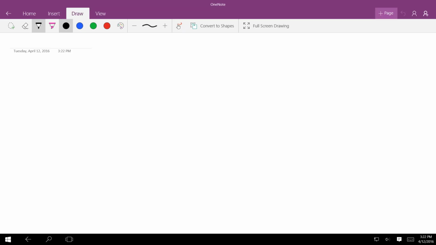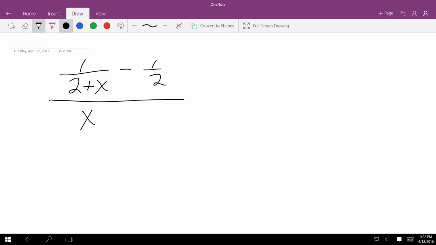So the limit of 1 over 2 plus x, minus 1/2, all over x, as x is approaching 0.